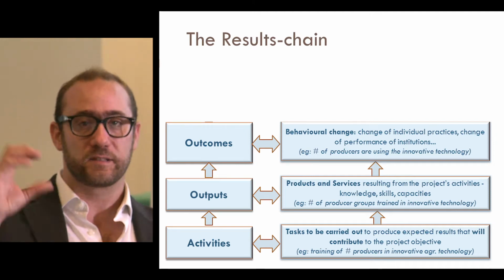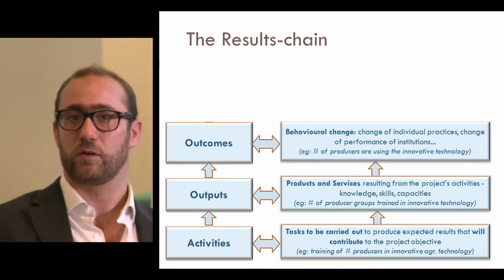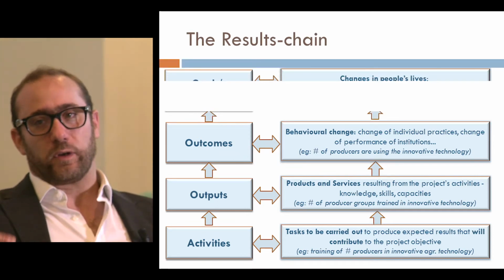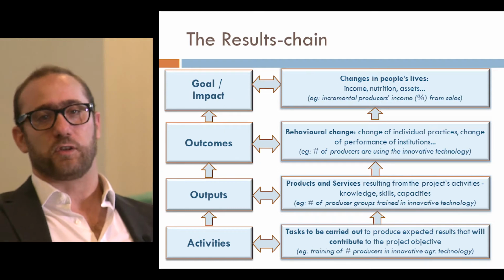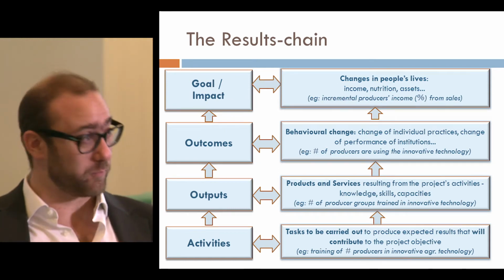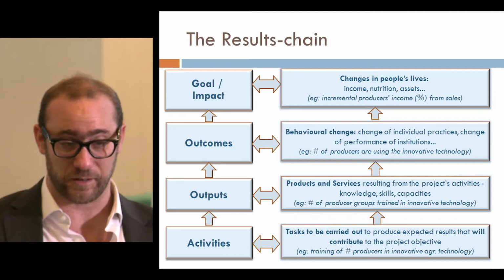So institutions that change their behaviors. As a result of the outcomes, we could say we are satisfied now because we are measuring changes in the behavior of people as a result of the actions of our interventions.